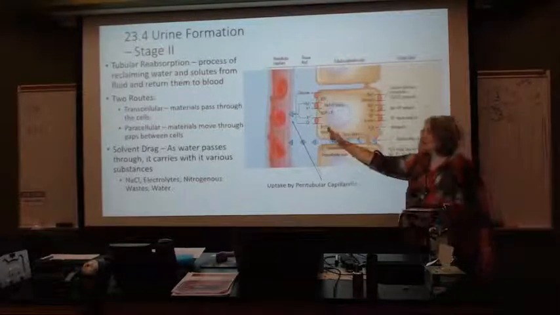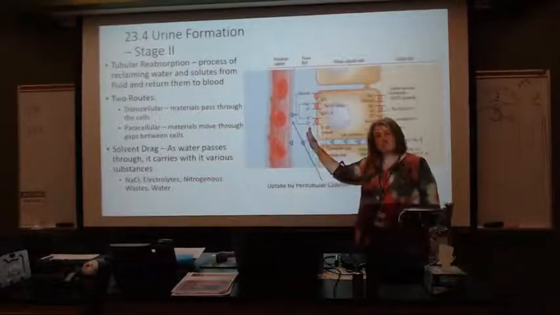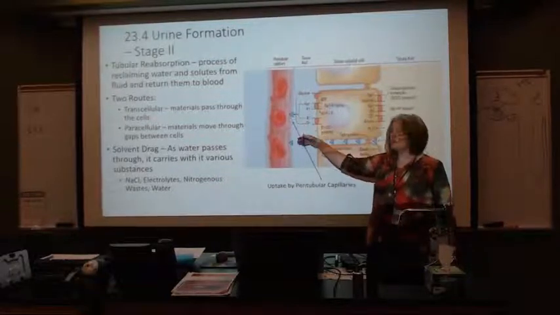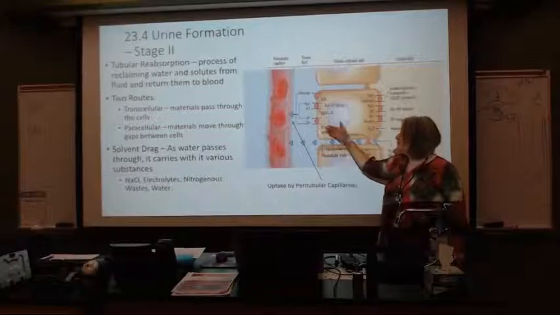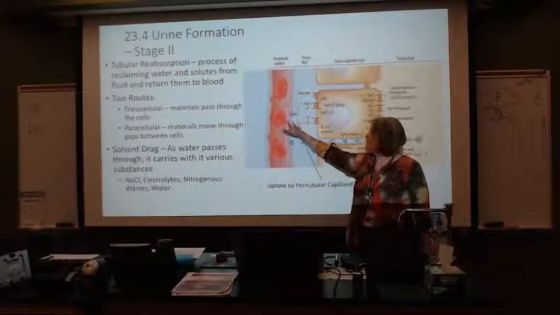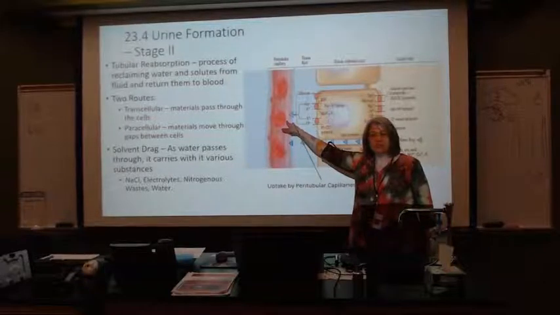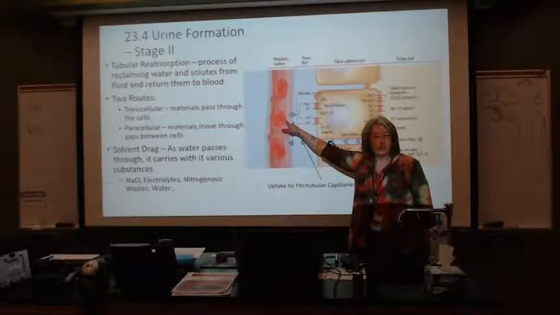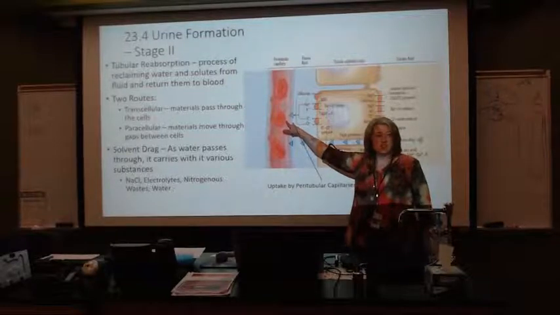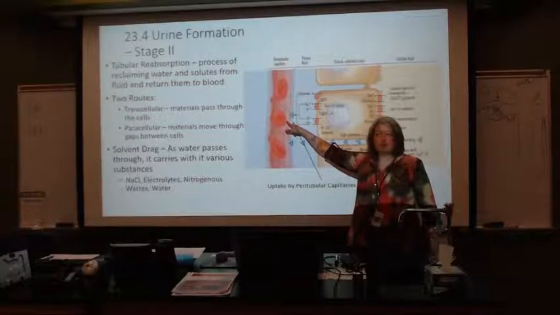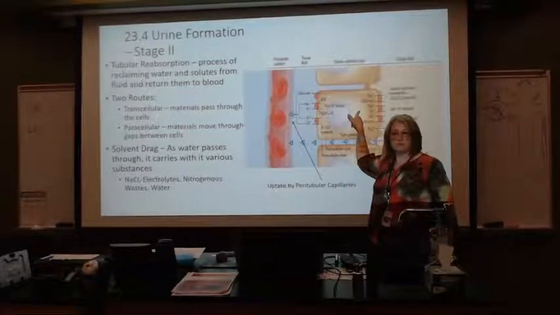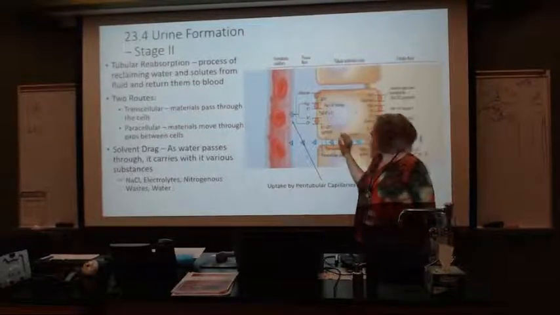Now, on the basal side, materials that made it across the cell, look what happens. They will go across that basal membrane and make their way back to the bloodstream. Is everybody following me? They're just simply moving across the cell. Requires some energy, requires ports for this to take place.